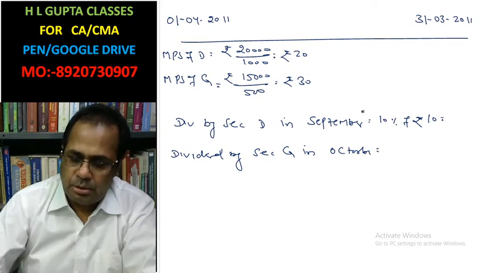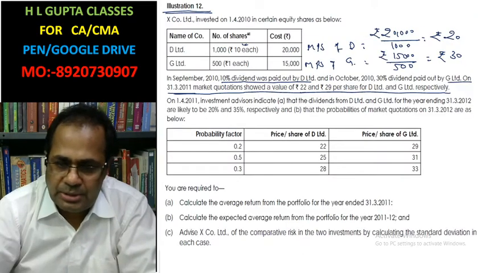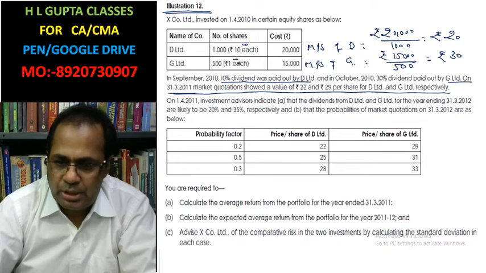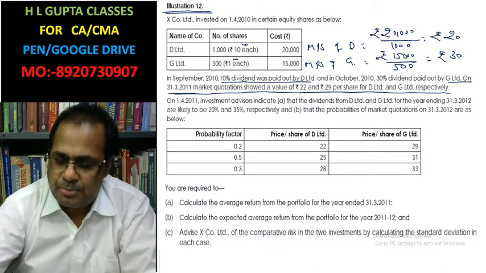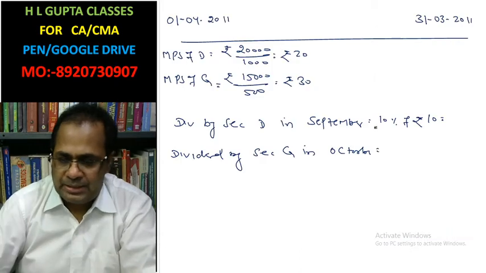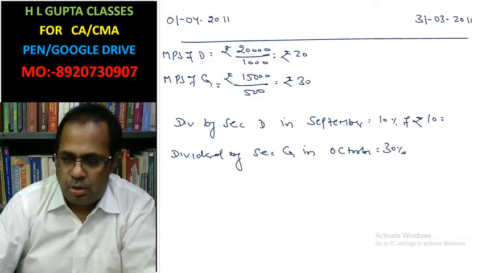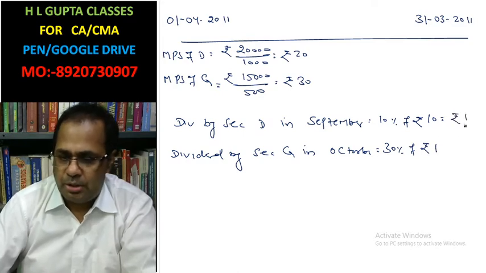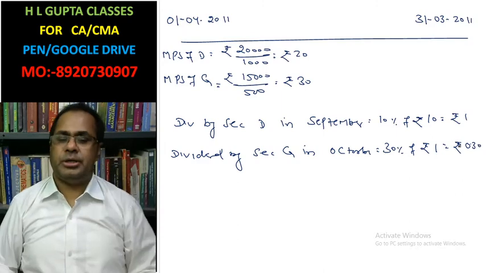What is the face value of G? Face value of G is rupee 1 and the dividend received is 30%, so 30% of rupee 1 is rupee 0.30. This is the dividend.